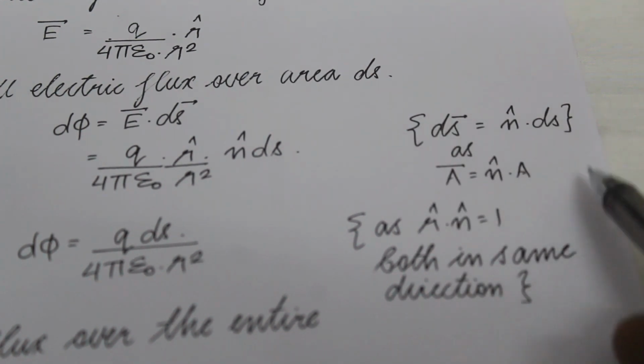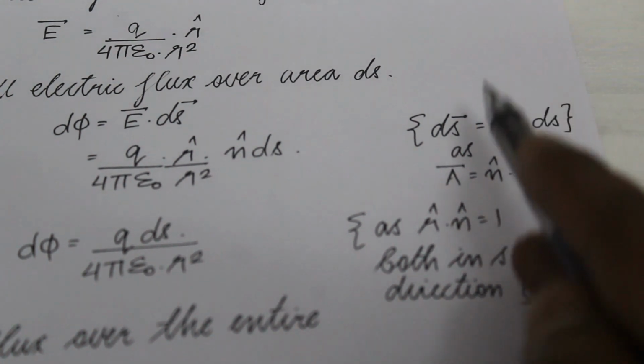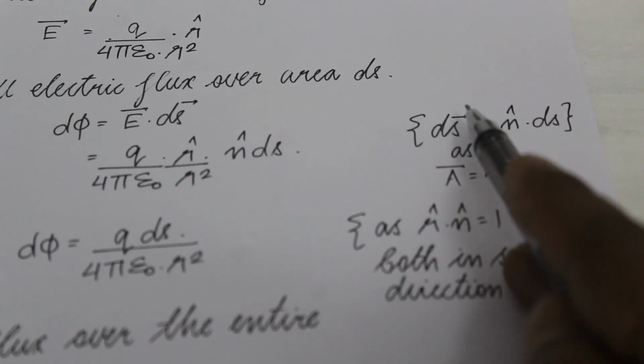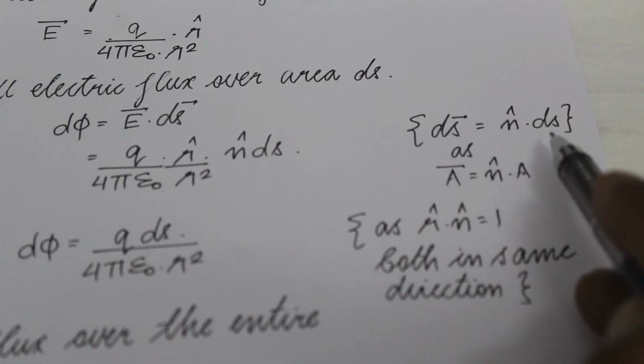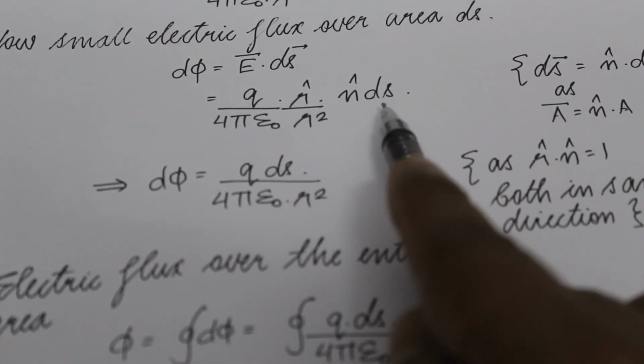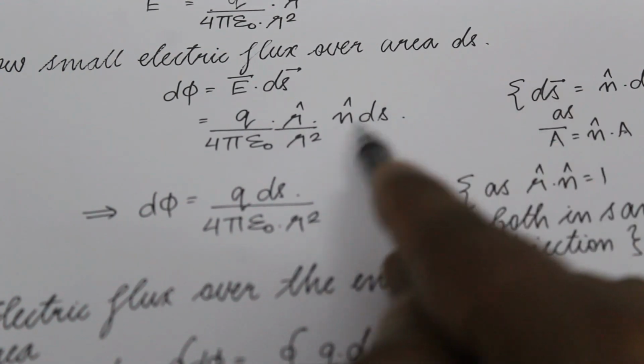Area vector A is equal to n cap into the magnitude of the area. So here in this case we are considering the area as ds. So ds vector will be equal to n cap times its magnitude ds. So I have put this over here, n cap ds in place of ds vector.